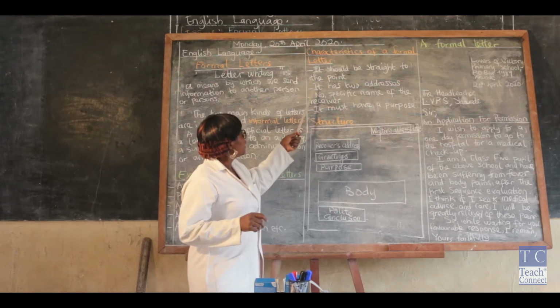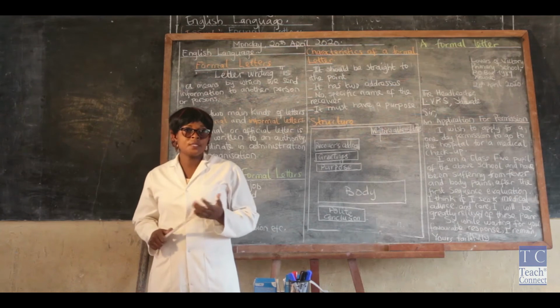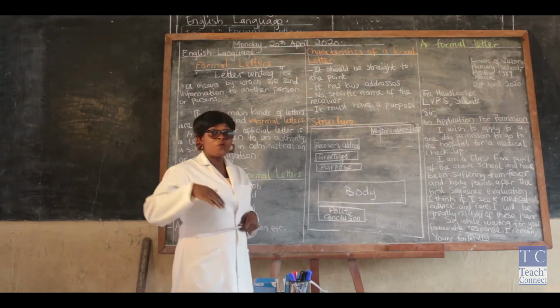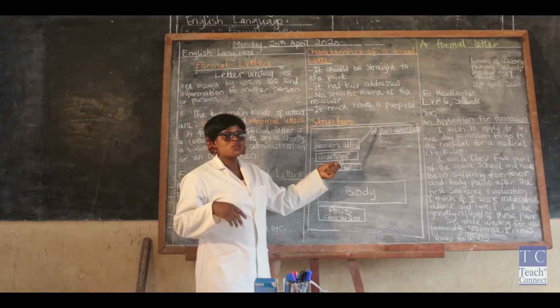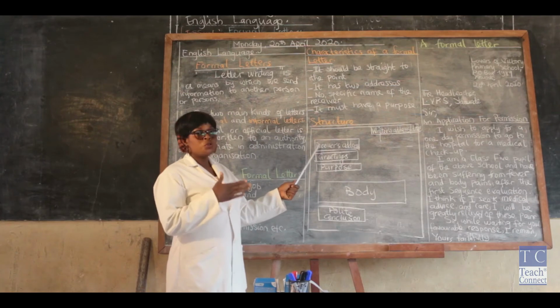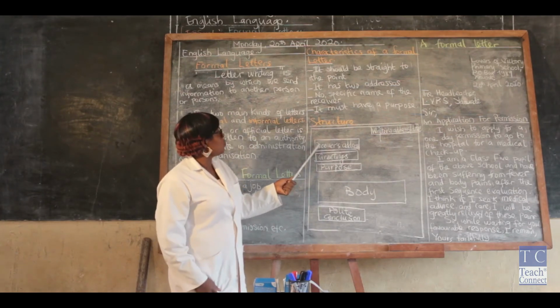The next point, it has 2 addresses: the writer's address and the receiver's address. The writer's address, you will find it at the top right-hand corner of your paper, while the receiver's address, you will find it at the left-hand corner of your paper.